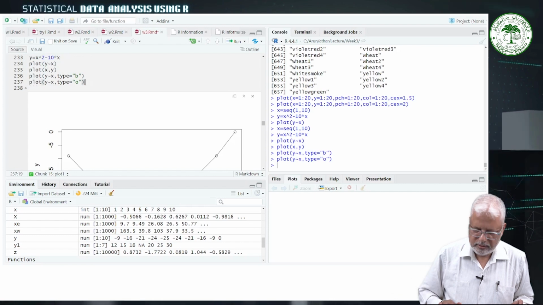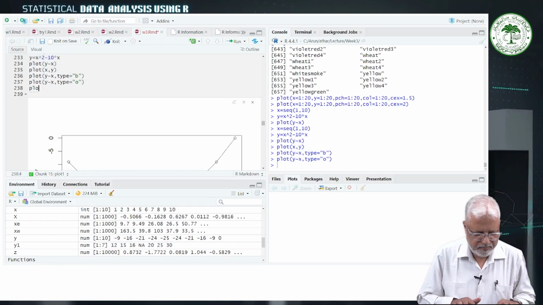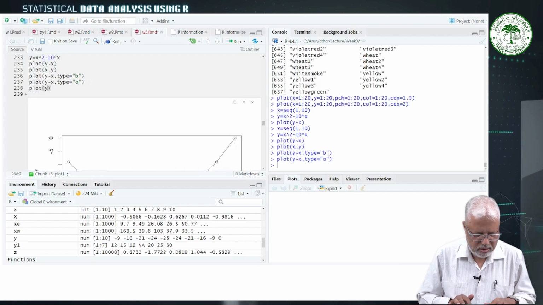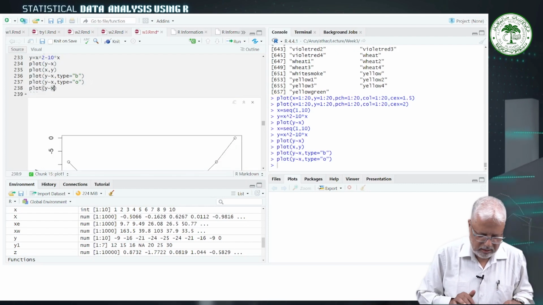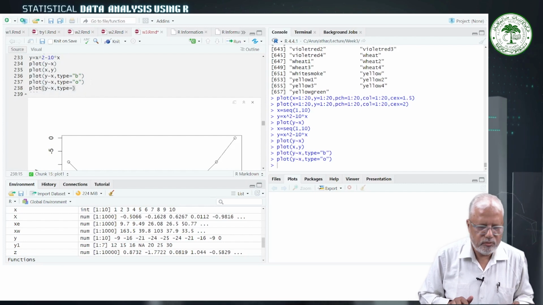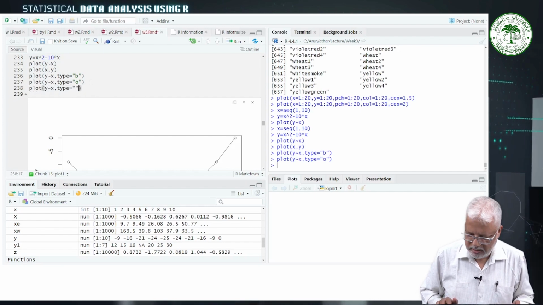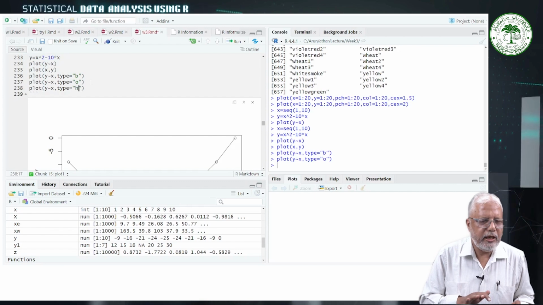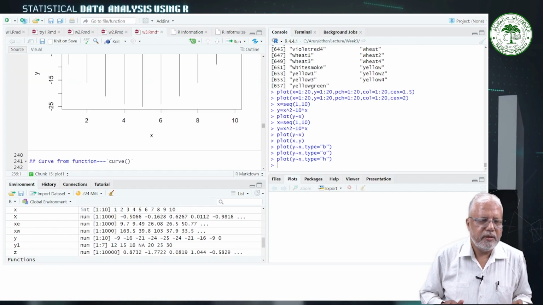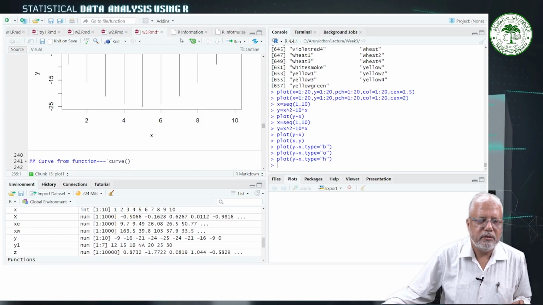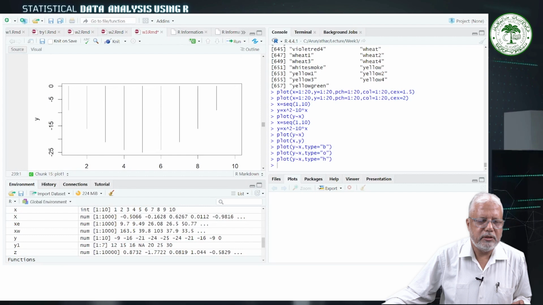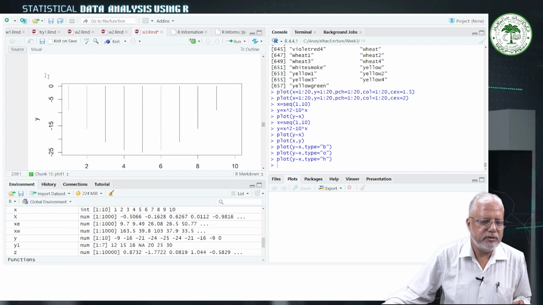And then if we have plot y tilde x and type is equal to, say for example, h, see what you get. It is like this, vertical bars.